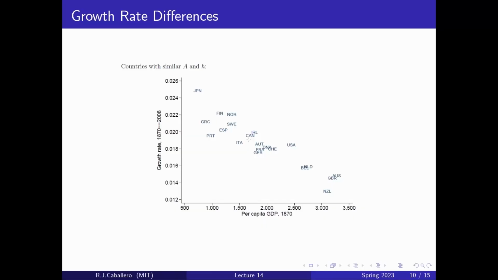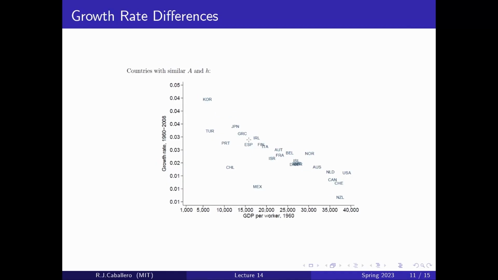I'm saying, okay, now I'm going to tell you a little bit more what I mean by countries being similar. And what I mean here is that they have similar A and H. Okay? So when I look at countries that have similar A and H, the models we have discussed work extremely well. This is over a shorter period of time, so you have more fluctuations and more countries, but still, and you can argue that Mexico and Chile probably do not belong with many of these other countries, but you still get this negative relationship.